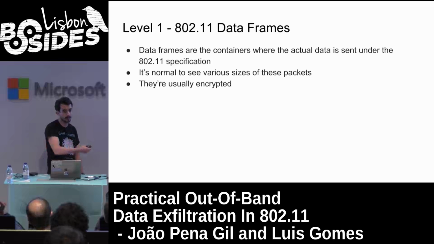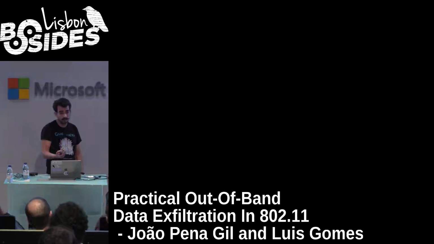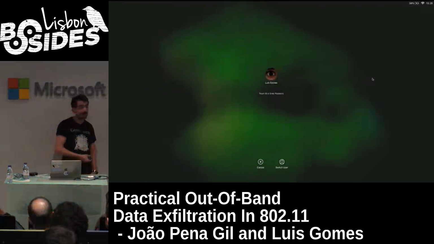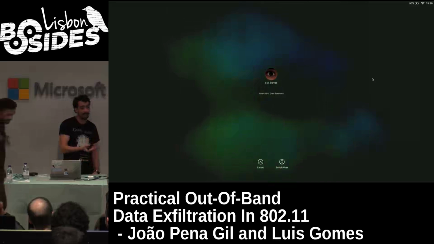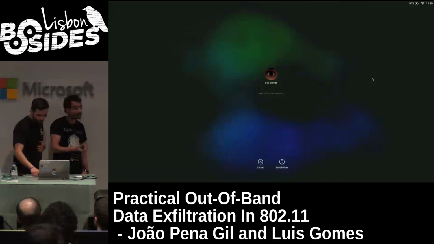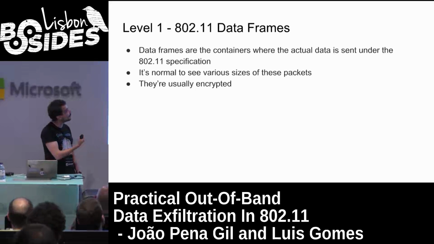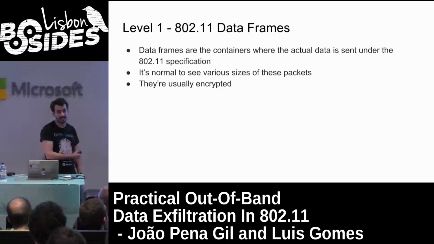If you're doing a GET request, that's where the GET request will actually be. And they're usually encrypted, because Wi-Fi networks usually have encryption, so you're just going to be looking at random data. That doesn't matter, because what we really want to do is not stand out.